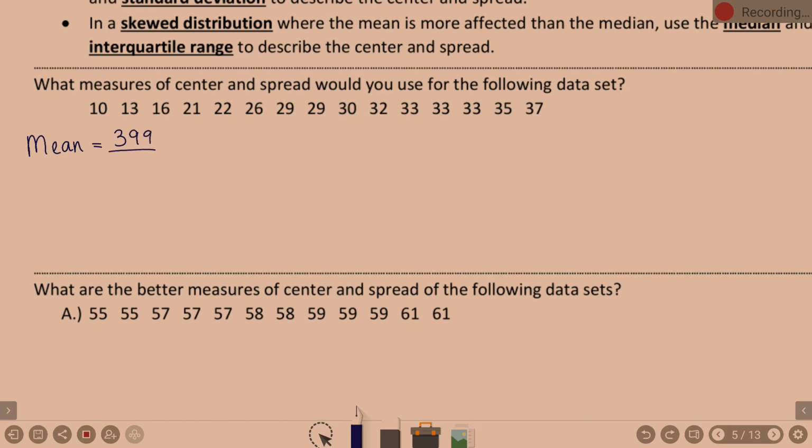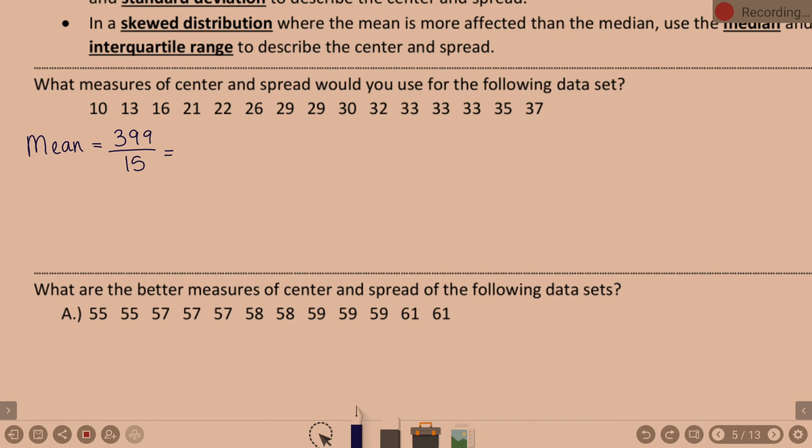And he says there's 15 numbers, is that right? Maybe. We got a chance to count. So it should add to be 399 according to my notes, I agree, divided by 15. What is 399 divided by 15?